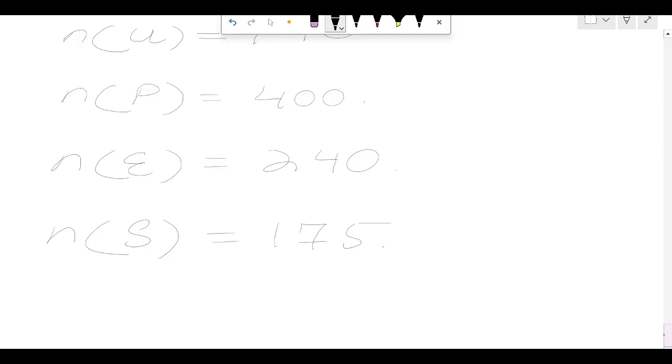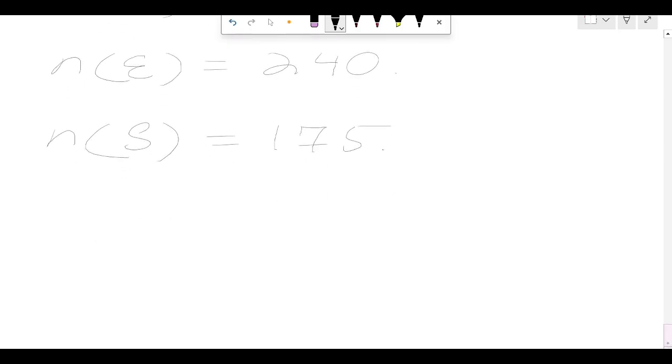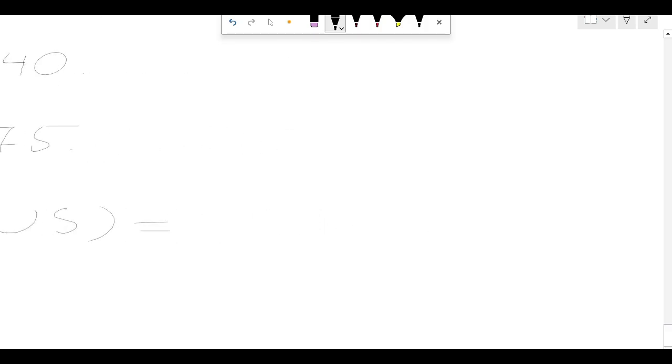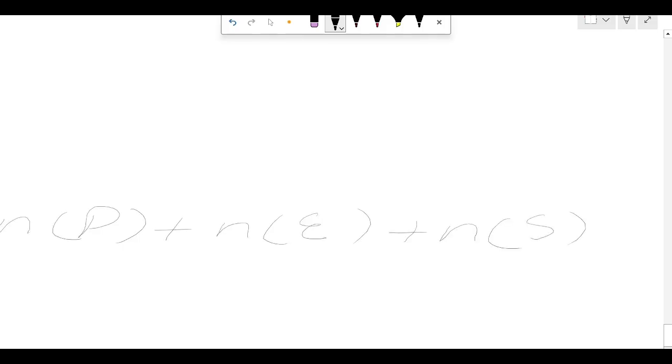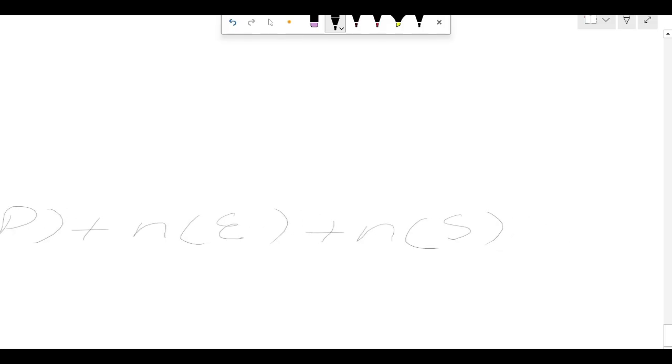So we need to use the inclusion exclusion principle, which states that N of P union E union S is equal to number of P. So I'll write number of P added with number of E, then again added with number of S. Then we will subtract them.